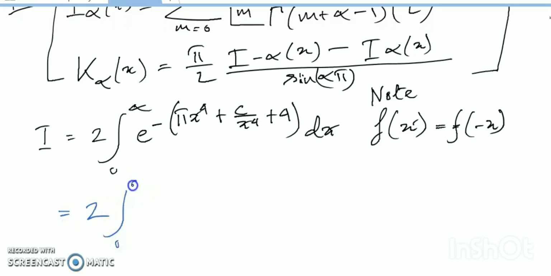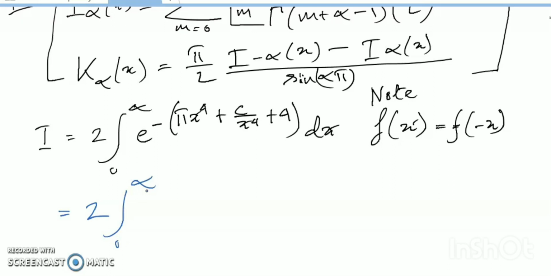Next, friends, next is 2 into. Now how can we write this kind of problem? How can we solve this kind of problem? This is very interesting.